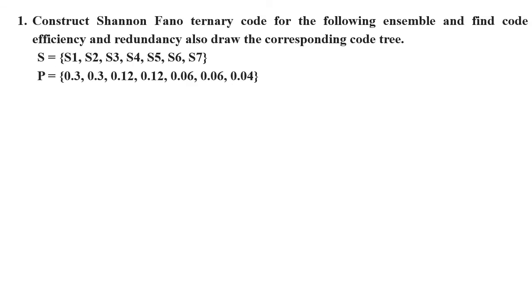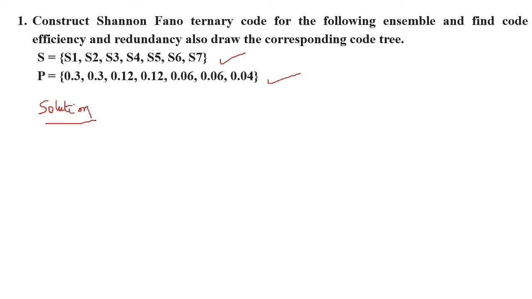Here is the problem on Shannon-Fano ternary. Construct the Shannon-Fano ternary code for the following ensemble of messages, and find the code efficiency and redundancy. Also draw the corresponding code tree. Here you are given the symbols and the respective probabilities. So how to find a solution for this?